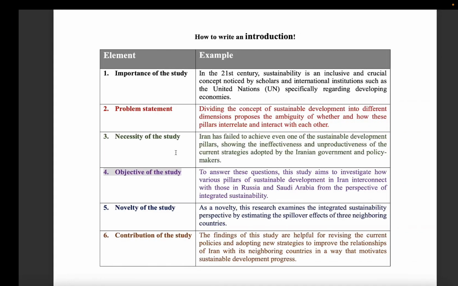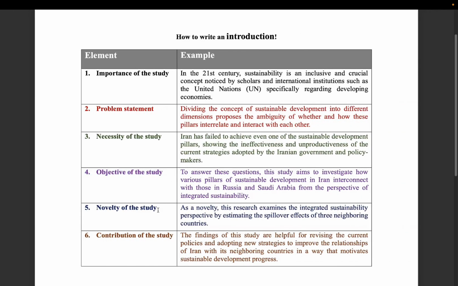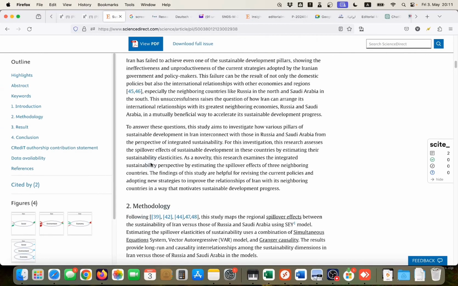After the objective of the study, the introduction writes the novelty of the study. The novelty of the study can take a separate paragraph, but it can come in the same paragraph as the objective of the study.